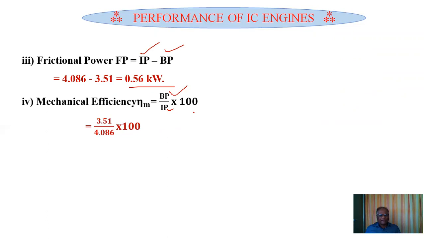Yes, this is a very good engine, because the mechanical efficiency is 86.01%. That means the friction between the moving and rotating parts of the engine is only small, or else we have filled very good lubricating oil to lubricate these moving and rotating parts.